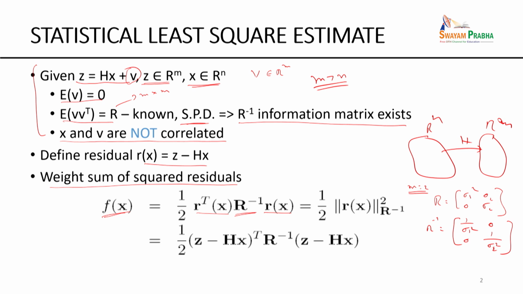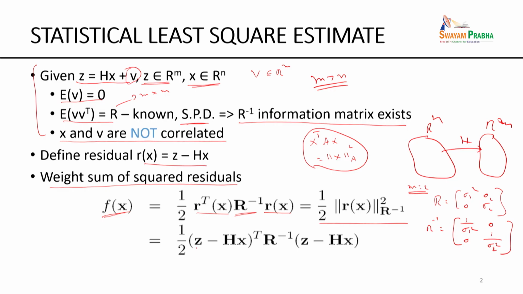And there's a very natural way of weighting the sum of square residual, and you can really see this is also equivalent to the energy norm with respect to the matrix R inverse. You remember the energy norm is x transpose Ax, and that is often expressed as the norm squared A. This is what we saw when we talked about linear vector spaces. So linear vector space theory and statistical estimation and minimization techniques all come together.